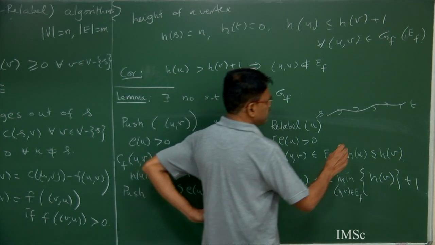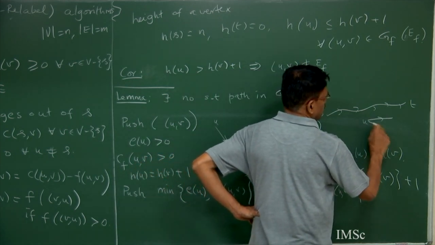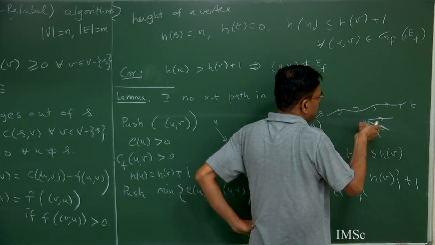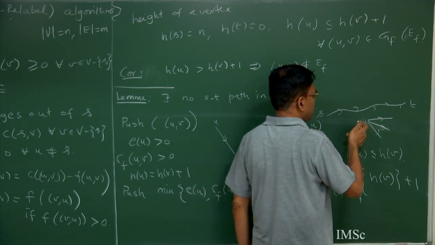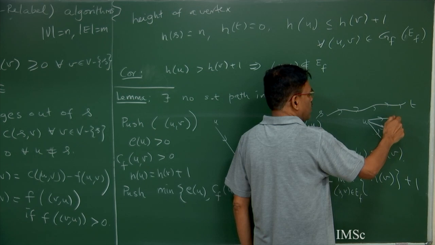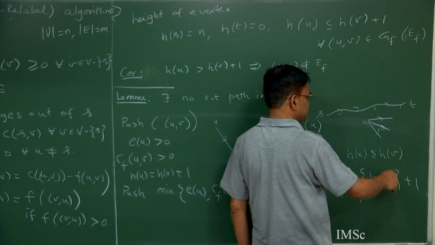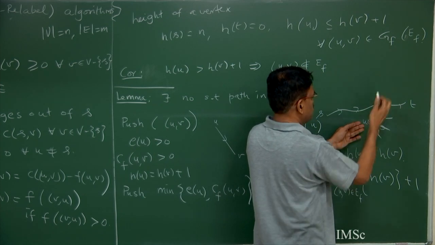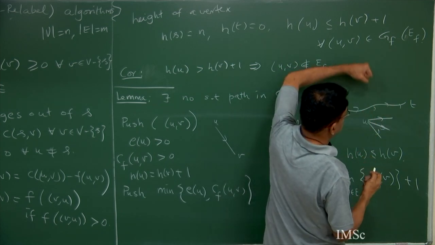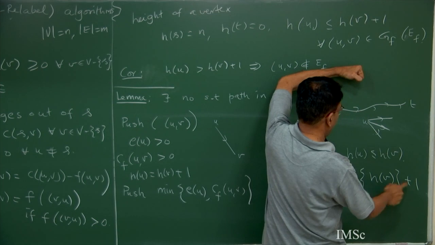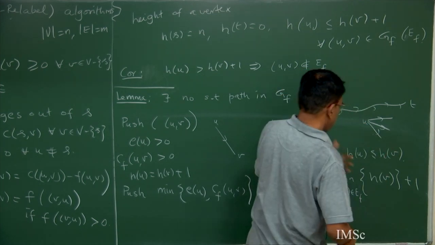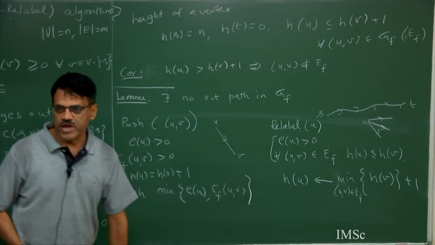So I have this situation where there are so many edges in the residual network which can take my excess, but their heights are either equal or more. So I push this vertex's height to one more than the minimum of these heights, so that I can now push through some edge.